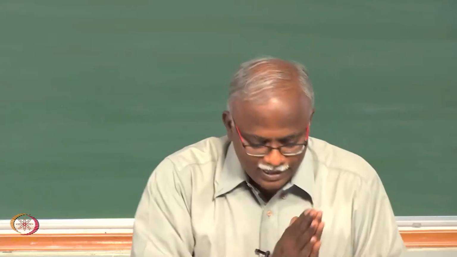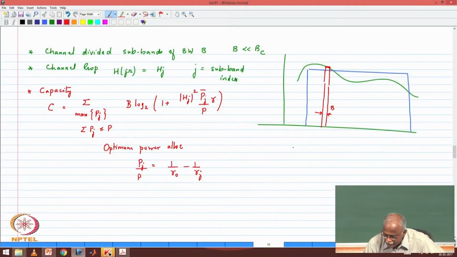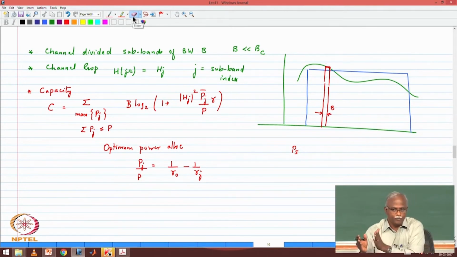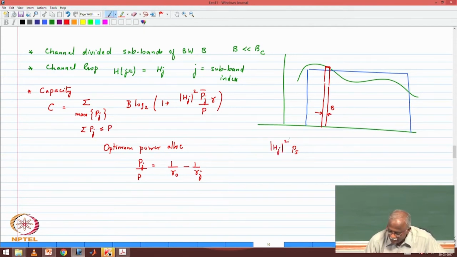So basically there is an SNR with which I can transmit this signal. That can be written as the signal power with a certain PS. So that would be the signal. This multiplied by mod Hj squared is what the channel will produce. So PS multiplied by mod Hj squared will be the gain that this signal will produce.